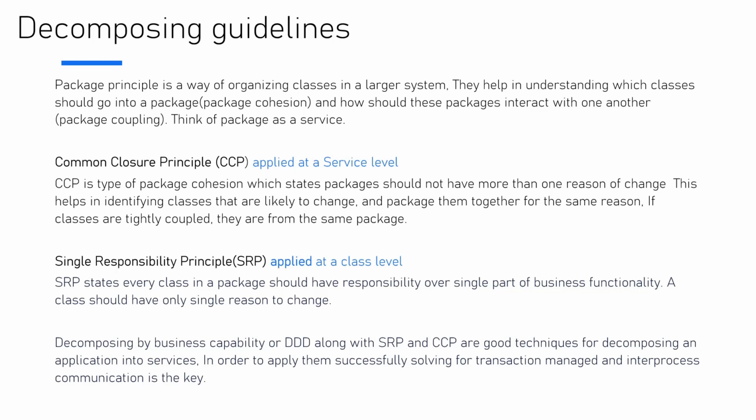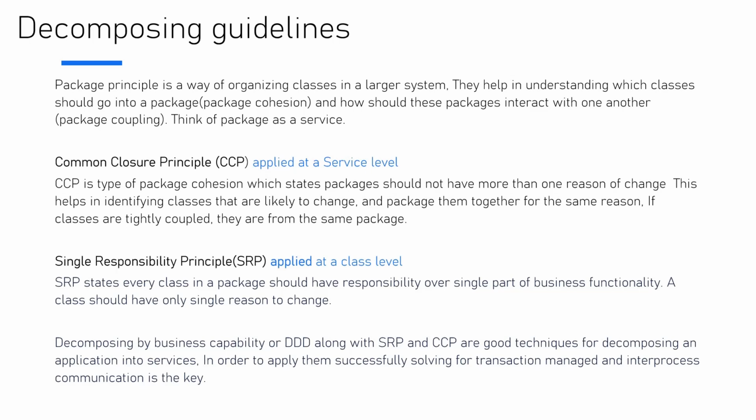So typically there are certain decomposition guidelines. One of them is the common closure principle, which is applied at a service level or a package level. It's basically a package cohesion principle, which states a package should not have more than one reason to change. This helps in identifying classes that are likely to change and package them together for the same reason.